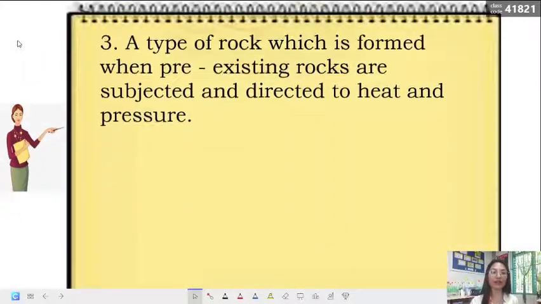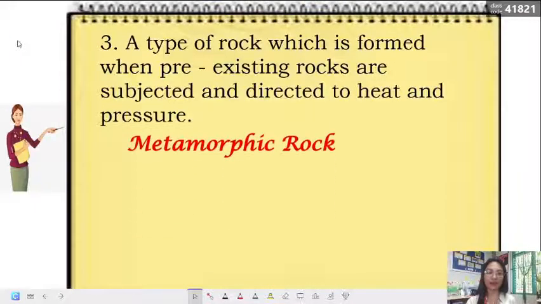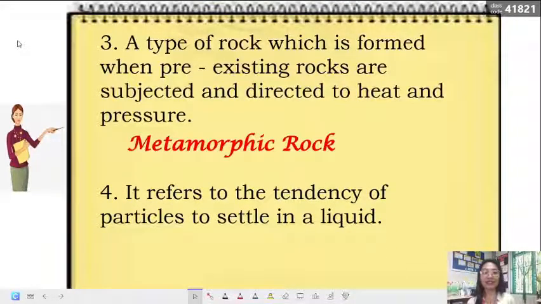Next, number 3. A type of rock which is formed when pre-existing rocks are subjected to heat and pressure. What is this? If your answer is metamorphic rock, then you are right. Very good. Next, it refers to the tendency of particles to settle in a liquid.